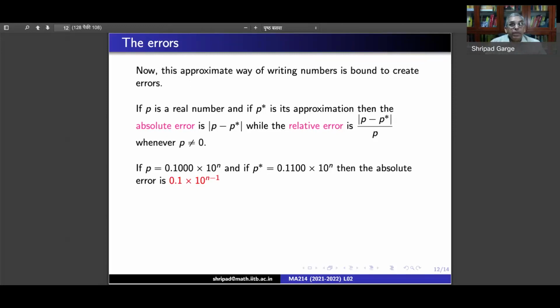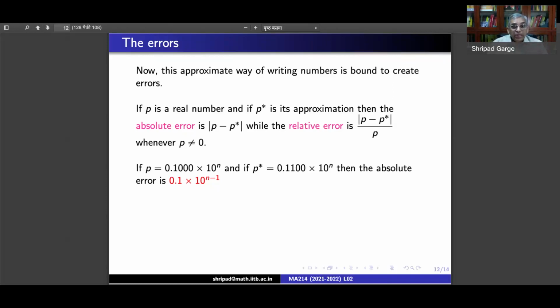If your n is big, then this is a very big error. For instance, if you are writing a check for somebody, and instead of writing rupees 1 lakh, you wrote rupees 1 lakh 10,000, you are giving away 10,000 rupees extra. That's a big error. Whereas if you were to write a check for rupees 10 and you write a check for rupees 11, it doesn't really seem like a big error. It doesn't really seem like that stupid an error as the error of giving away 10,000 rupees would seem.